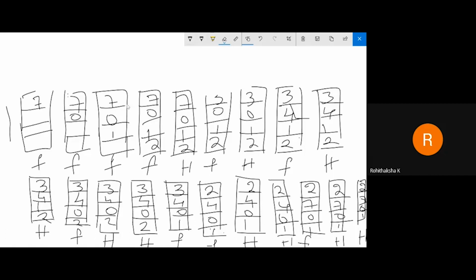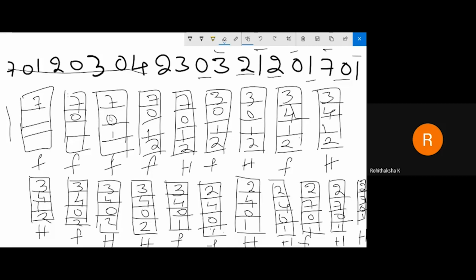If I take 7 0 1, I got 701, then there is 7 0 1 2. Then 0 is there, it is a hit. Then 3 is a page fault. Then again 0, it is a page hit. Then 4 is again a page fault.